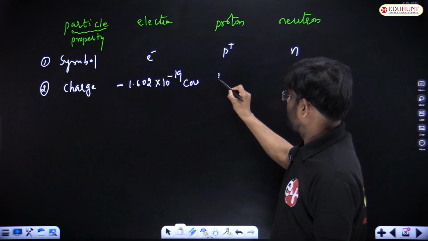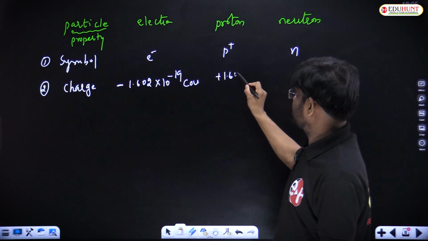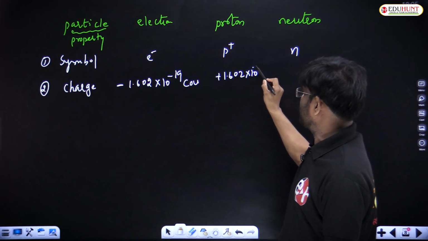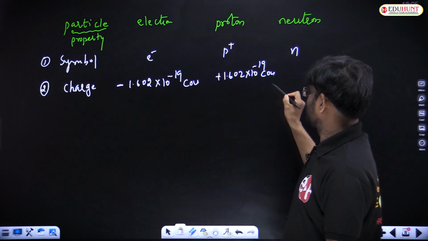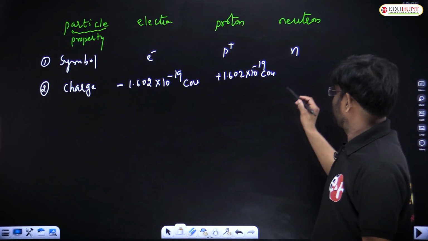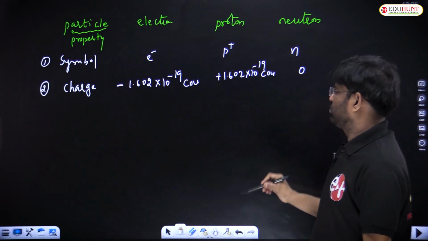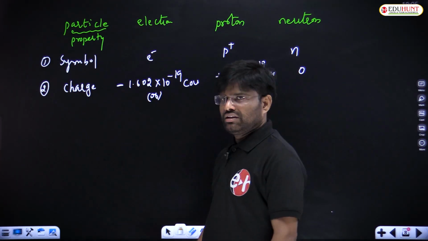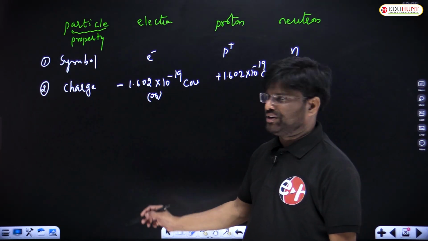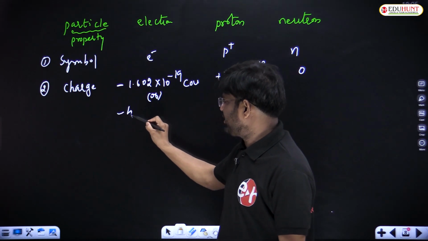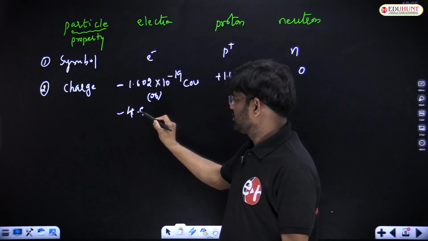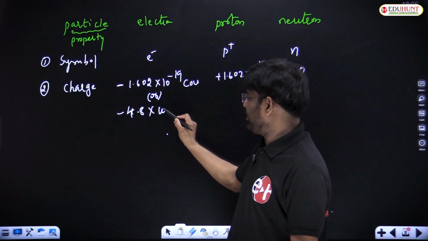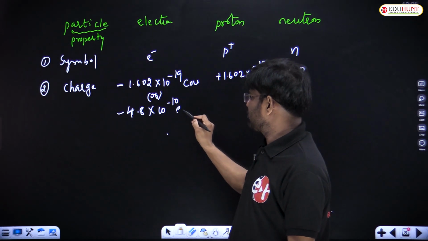And here plus 1.602 into 10 power minus 19 coulombs. For the neutron there is no charge, 0. And in ESU, electrostatic units, minus 4.8 into 10 power minus 10 ESU.